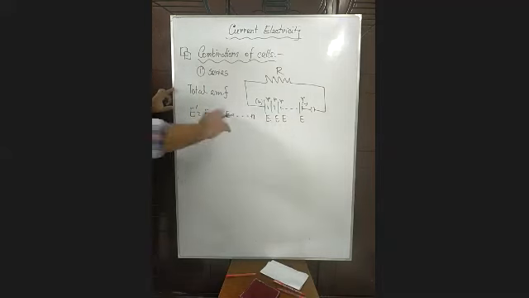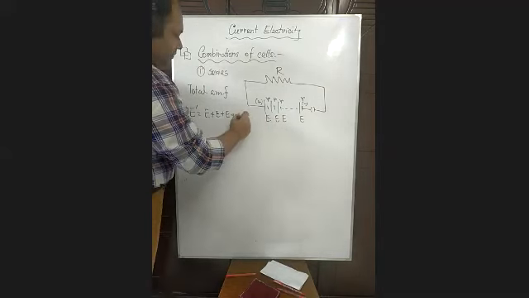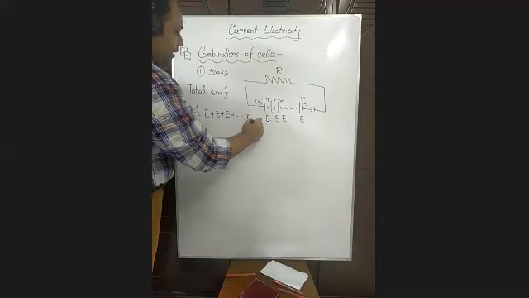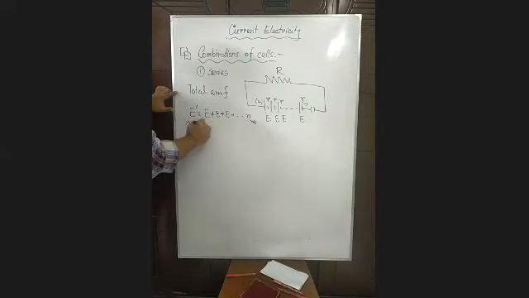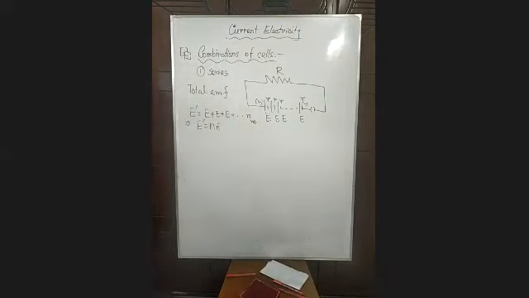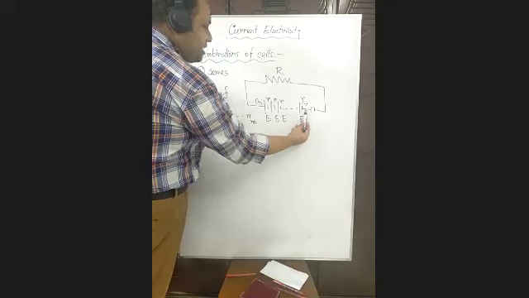All of these cells are connected in series combination. The total EMF should be E bar as nE. So this is the total EMF in this circuit.